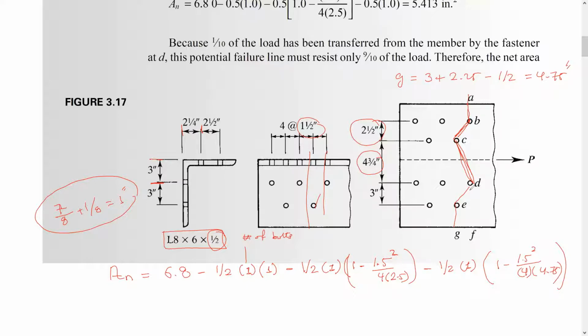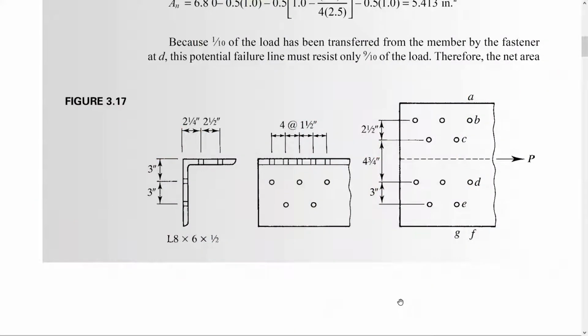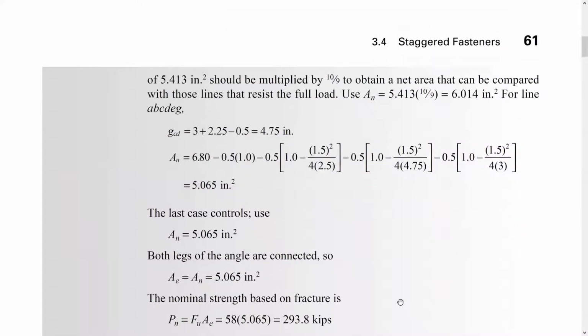Okay, and we still have one inclined line here, minus 1/2, which is the thickness, times 1 number of bolts, times 1 the original hole diameter minus 1.5, the s square, dividing by 4g, and g here is 3 inch, and this one equals this much, which is 5.06 inch, or 5.065 inch square.